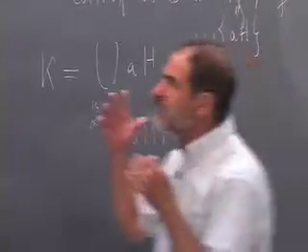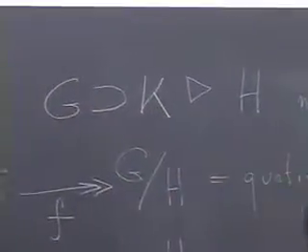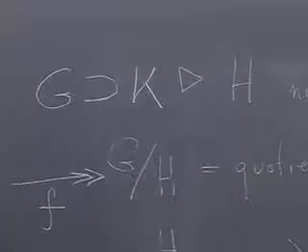In other words, there's a bijection between the subgroups of G containing a normal subgroup and the subgroups of this quotient group.